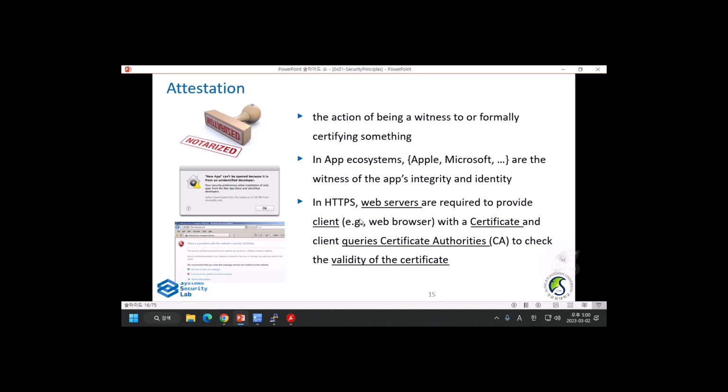So in HTTPS, same thing happens. So web servers are required to provide the client or your web browser a certificate. And your browser queries the certificate authorities to check the validity of the certificate. So who remembers those, you know, in Korean banking system, we used to carry that USB stick with our keys inside, right?